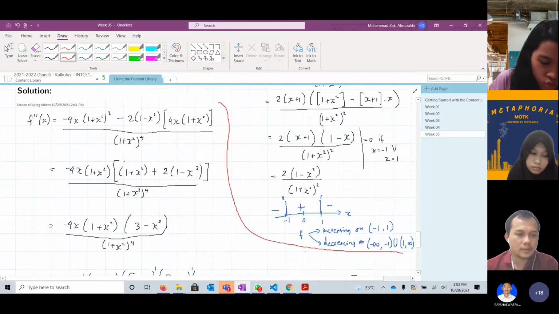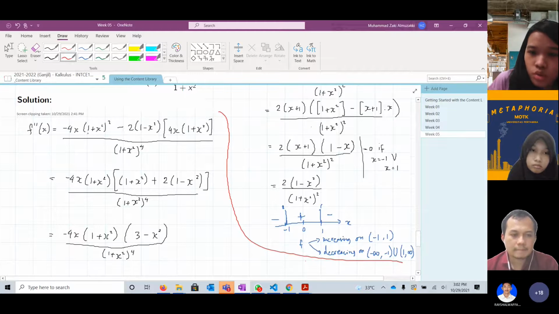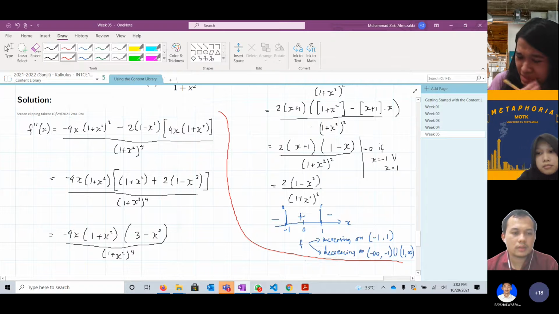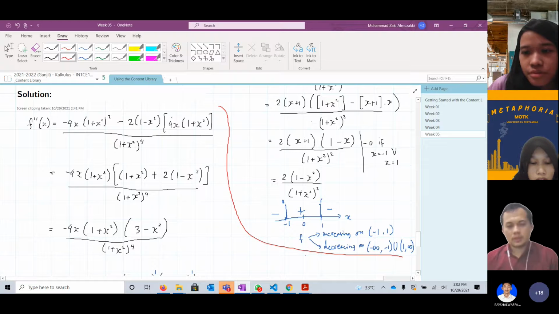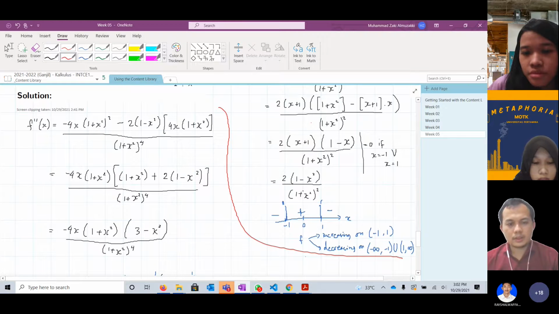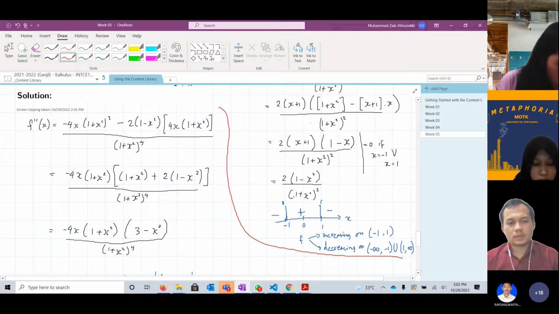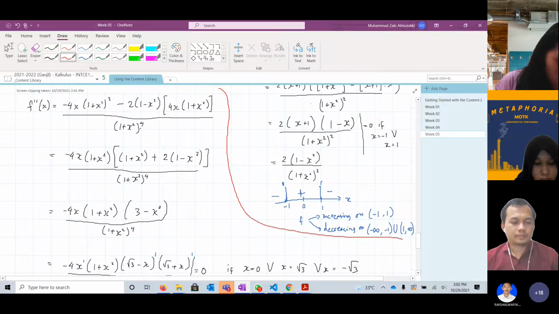For the second derivative, okay, 2 times minus 2 is minus 4x times (1 plus x squared) minus 2 times (1 minus x squared) multiplied by the derivative of the bottom, which is 2 times 2x, so 4x. Yeah, that is correct.